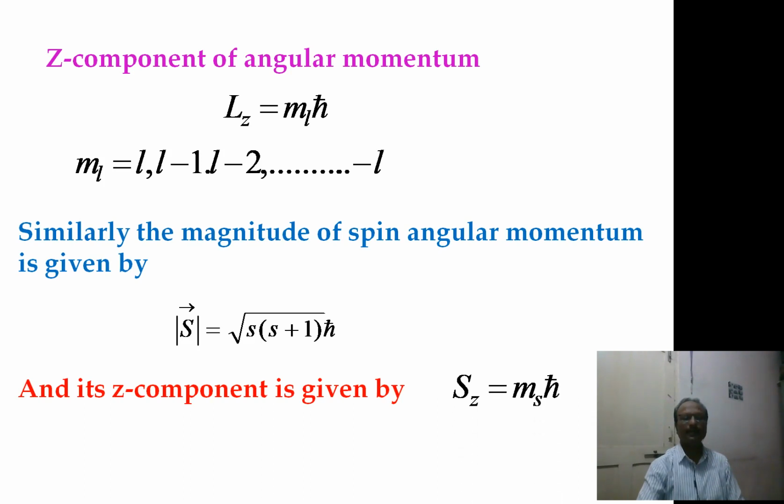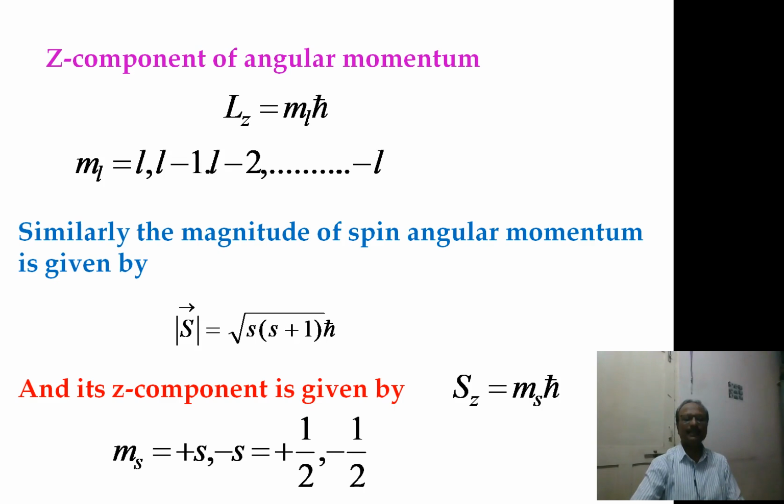Just like the z component of orbital angular momentum, the z component of spin angular momentum is Sz equal to ms multiplied by h cross, where ms is the magnetic spin quantum number and ml is the magnetic orbital quantum number.